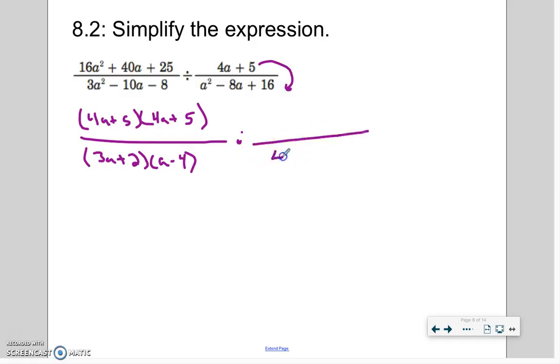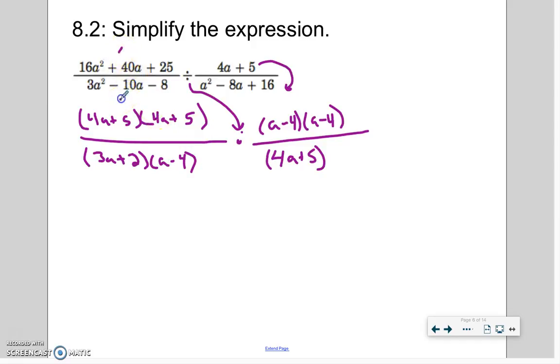So I'm going to move 4a plus 5 to the denominator because now we're changing division to multiplication. And then that factor in this one on top becomes a minus 4 times a minus 4.